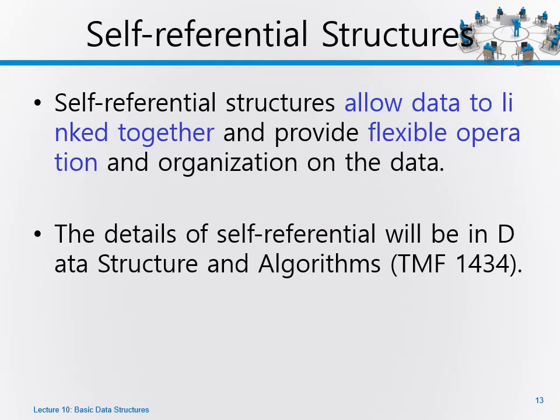This self-referential structure allows data to link together and provide flexible operation and organization on the data. Details on this self-referential or linked list will be taught in data structure and algorithm TMF 1434 in semester 2, year 1.